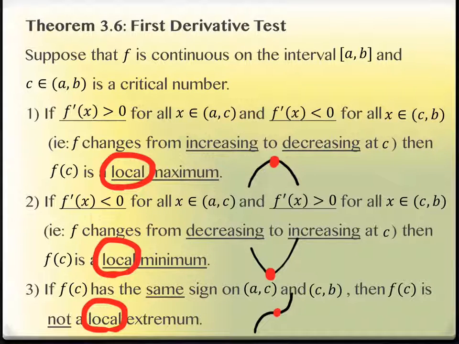Some other books will use the word relative. Doesn't really matter. Either one means the same thing. It just means sort of in a close neighborhood, right? When you compare just a small area of the graph. Doesn't mean on the entire graph. There may be a location somewhere else where it's bigger or smaller than that particular point, but in a neighborhood, in a small area around it, it is the biggest or the smallest value.